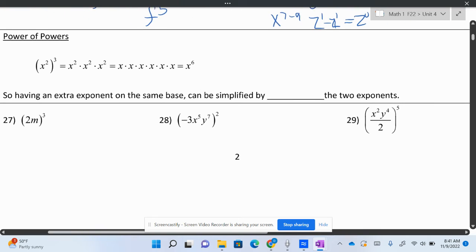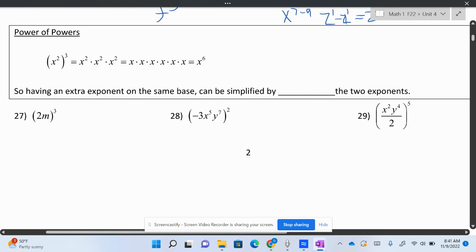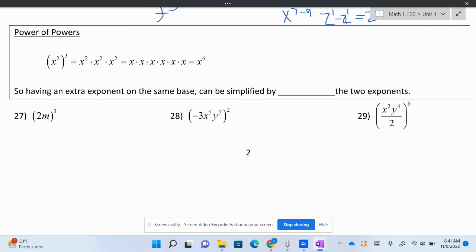Powers of powers. So you guys know that typically when you have a number outside of a parenthesis, you have to distribute it. You're very accustomed to distributing. We do the same thing with powers. If I have an exponent raising another exponent, so it's called a power of a power, I'm going to distribute that.